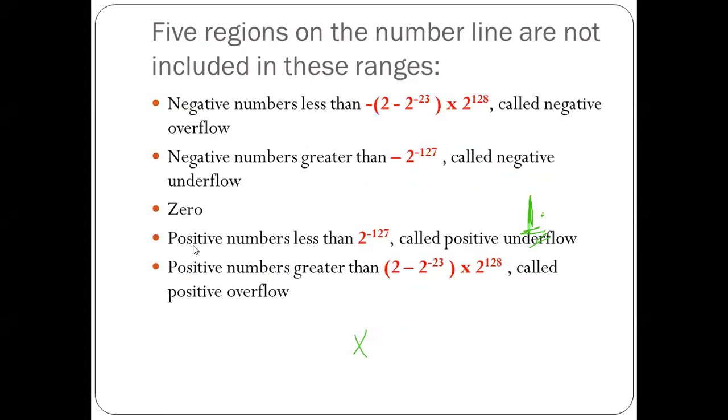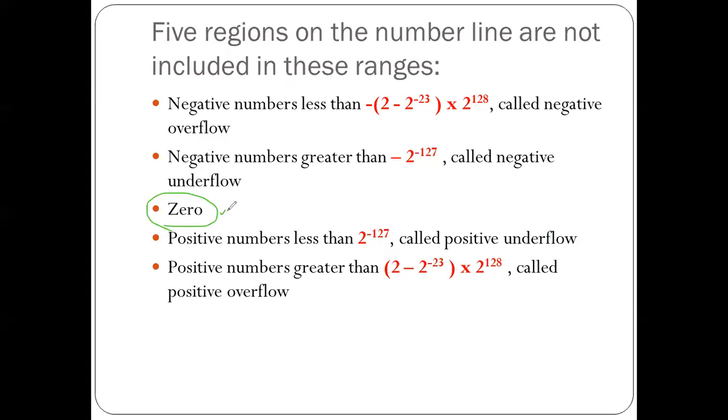So 0, positive numbers less than this, positive underflow, positive numbers greater than this are positive overflow. Out of all these, the others can be expressed, but 0 is a very important number, without which we may get wrong results. You may want to take a number as 0, but 0 has to be represented at any cost.